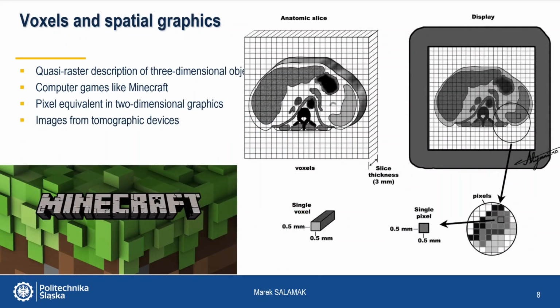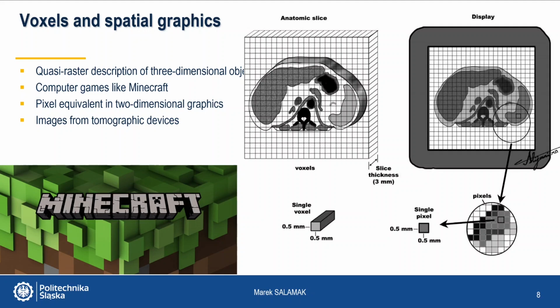Voxels are an attempt at a quasi-raster description of three-dimensional objects. You probably know them from Minecraft, although you probably call them cubes there. A voxel is the smallest element of space in three-dimensional graphics. In a way, this is the equivalent of a pixel in 2D graphics.